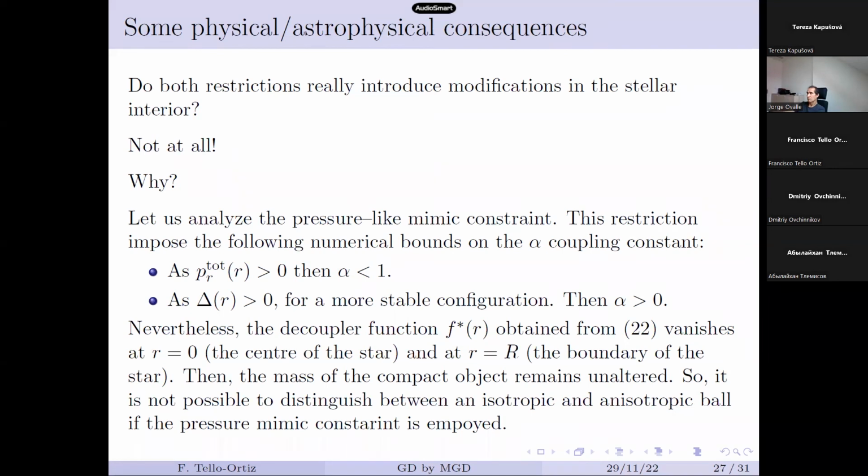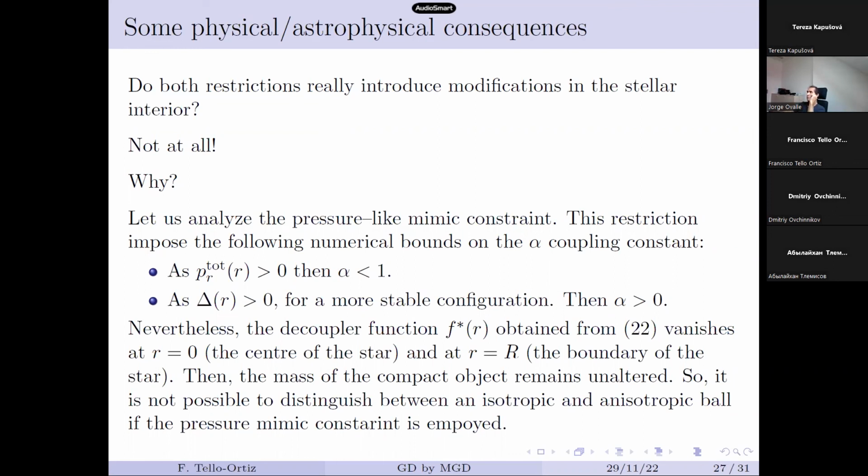But at least you are solving the problem in a consistent way. But if you go beyond this superficial analysis, you can see that this mimic constraint, for example, is not introducing anything. You cannot differentiate that through, for example, astrophysical components, measuring for example, the gravitational redshift.